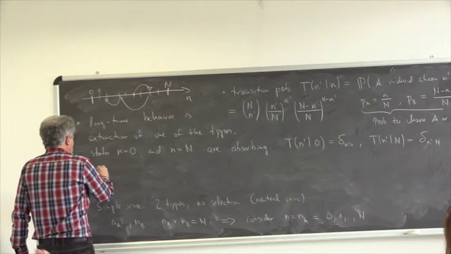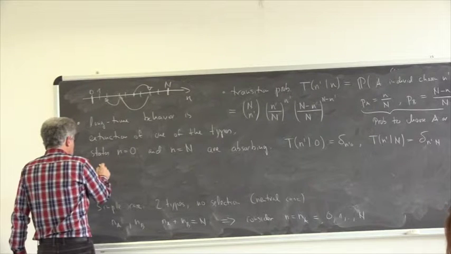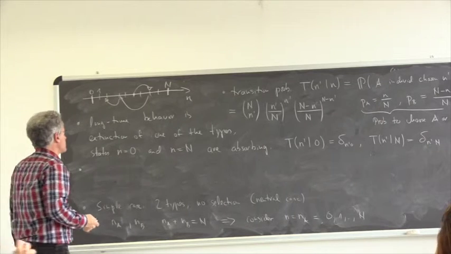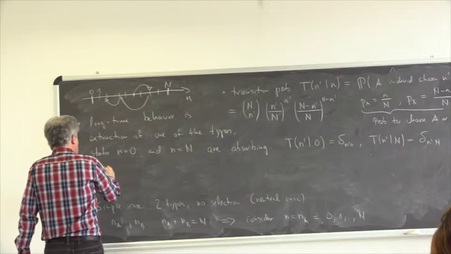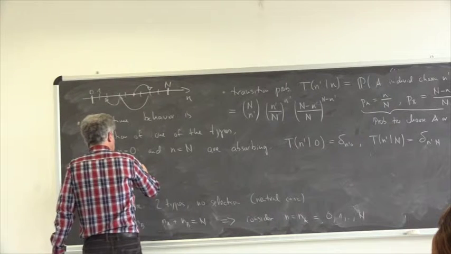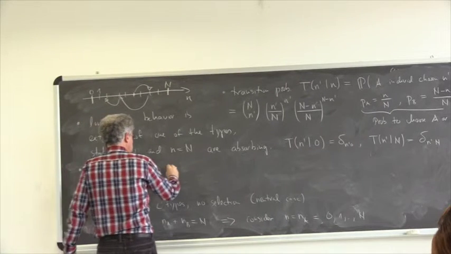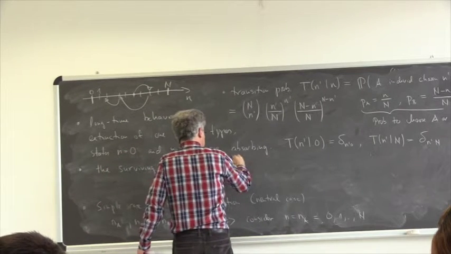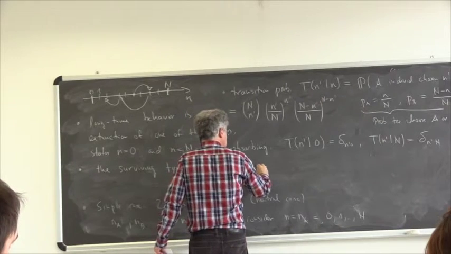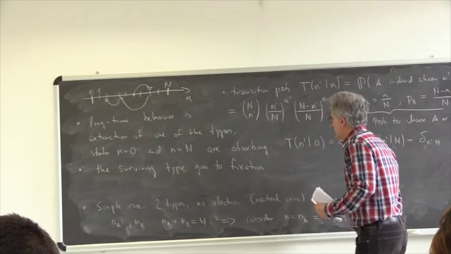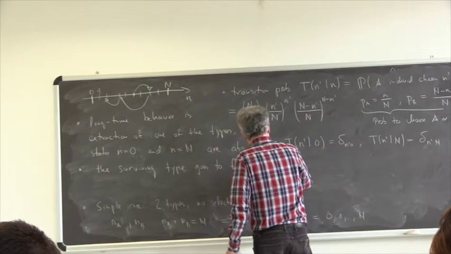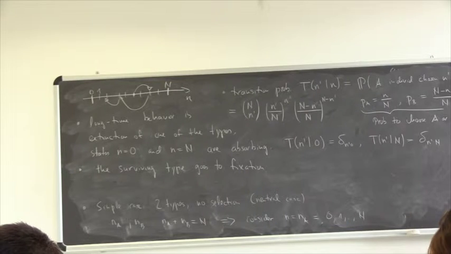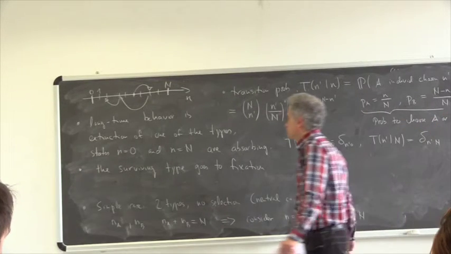So this extinction means that the surviving type goes to fixation. The question that we want to answer here is the probability of fixation.